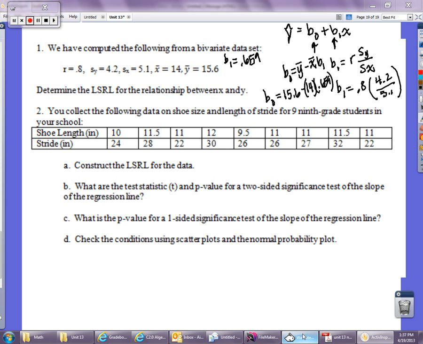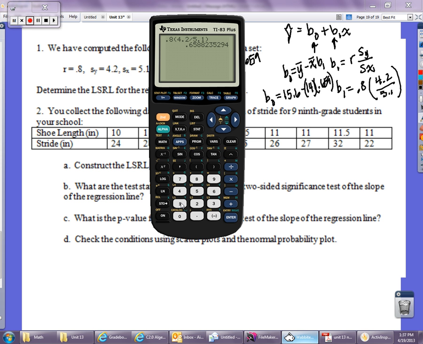So you're again going to go to your calculator. You're going to take 15.6. You're going to subtract 14 times 0.659. Or you could just put previous answer in there. And you're going to get 6.374.